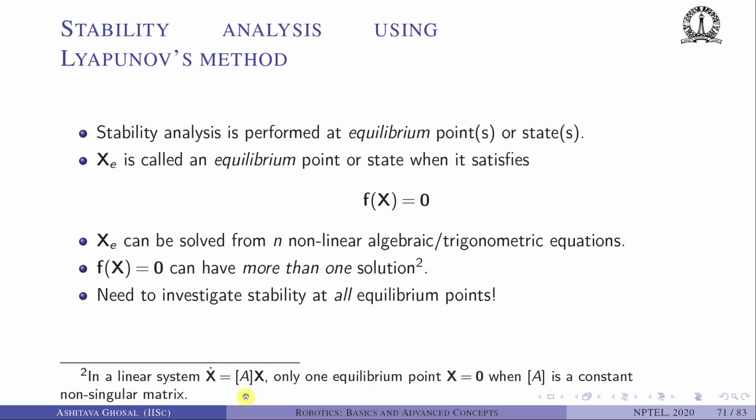Only x equal to 0, because if A is regular, it is non-singular, Ax equal to 0 is satisfied only when x equal to 0. So there is one equilibrium point for a linear system, whereas for a nonlinear system, I can have more than one equilibrium point.